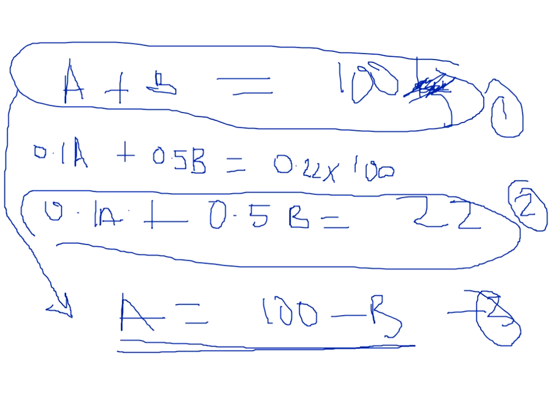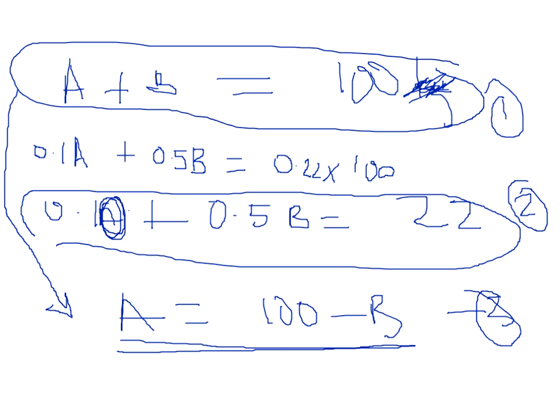I have my A to be this. So all I need to do is to go back to equation 2 and use this. When I use this in equation 2, I will now have 100 minus B as a substitute for A in this place. So this 0.1 will be multiplying everything.